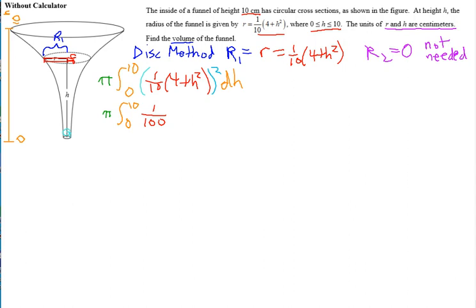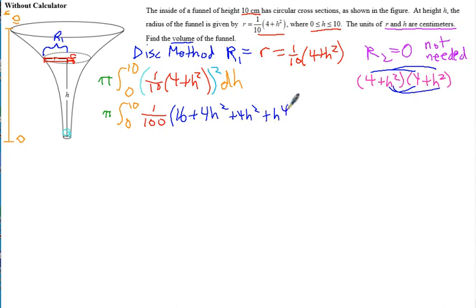Off to the side, 4 plus h squared is like having 4 plus h squared times another 4 plus h squared. When you multiply those out, 4 times 4 is 16, plus 4h squared, plus another 4h squared, and then h squared times h squared is h to the 4th. And then all times dh.